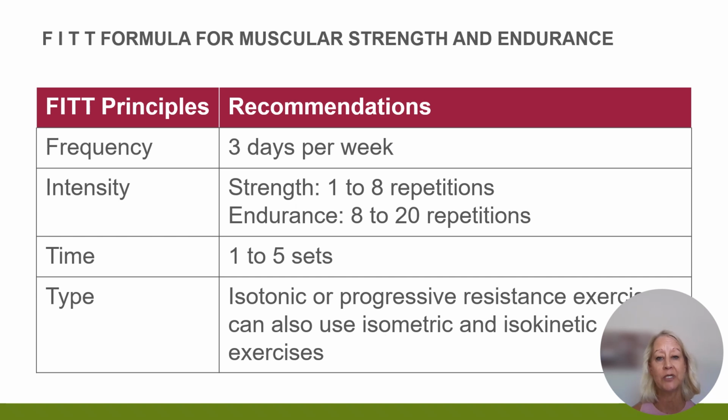The isometric are the static exercises where the muscle contracts but doesn't change length, like holding a plank or performing a wall sit. And the isokinetic exercises involve a constant speed. All of them are important to incorporate into your program so that you have a good, balanced, and effective plan to improve your muscular strength and endurance.